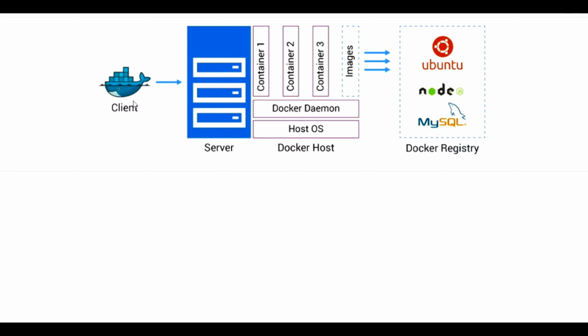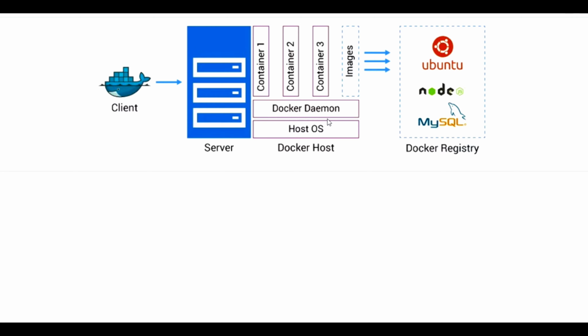Now, what is the Docker host? Here is the Docker host. The Docker host is the system, it can be a physical or virtual machine that we are using, where the Docker daemon is actually running.